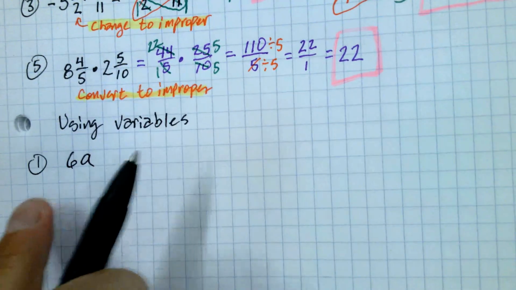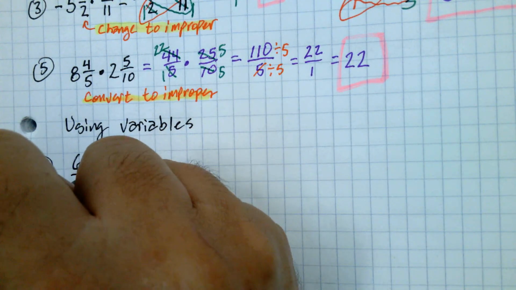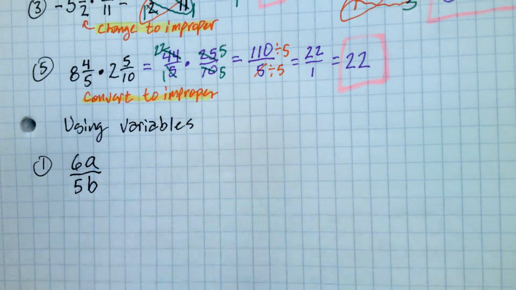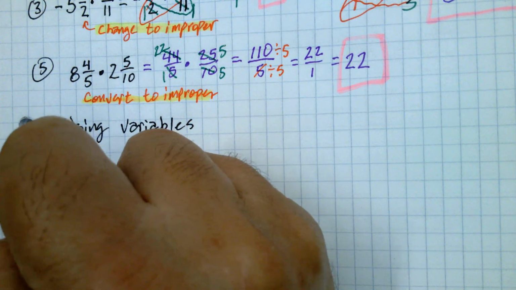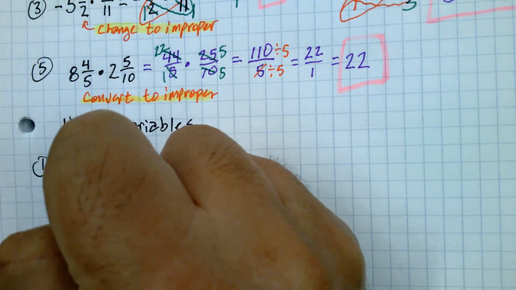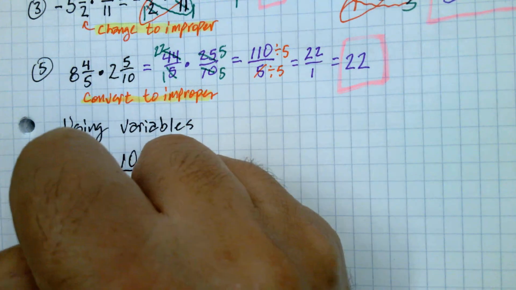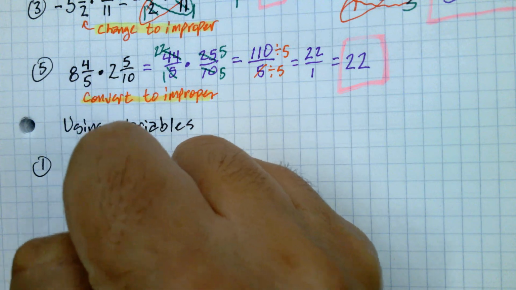6a, that means 6 times a, over 5b as in boy, times 10b over 21a.